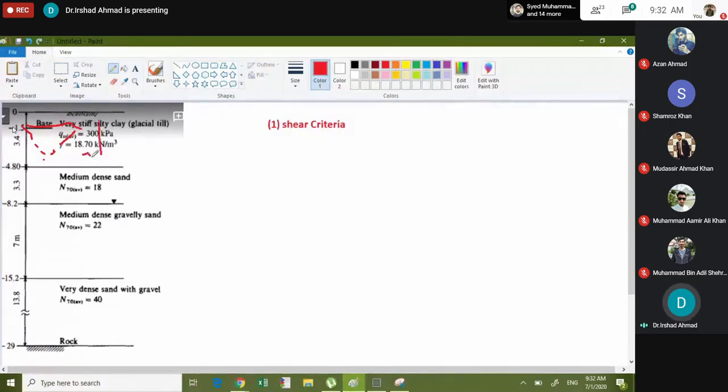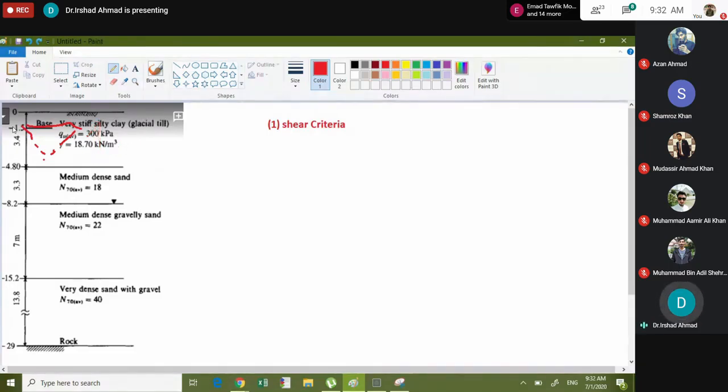It depends on the width of the footing. We assume that this wedge is within this clay. So we can use the properties of clay to find the bearing capacity, right?